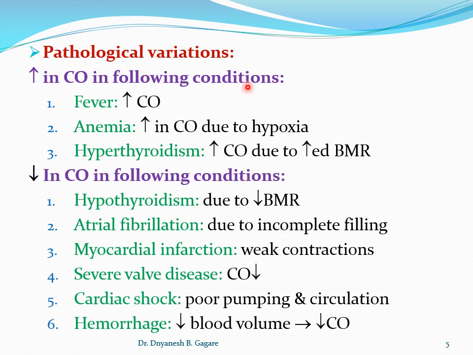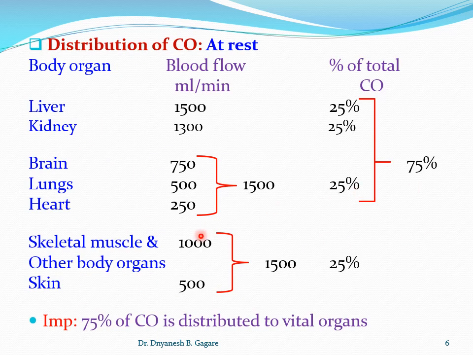Okay, now students, we will continue to the next slide, the distribution of cardiac output. So which organ gets how much blood, or how many ml of blood per minute, or the part of the cardiac output. So it is the distribution of the cardiac output.